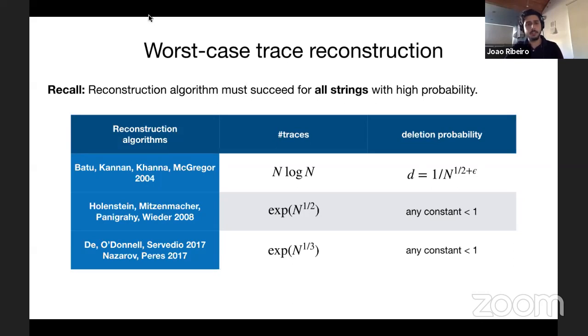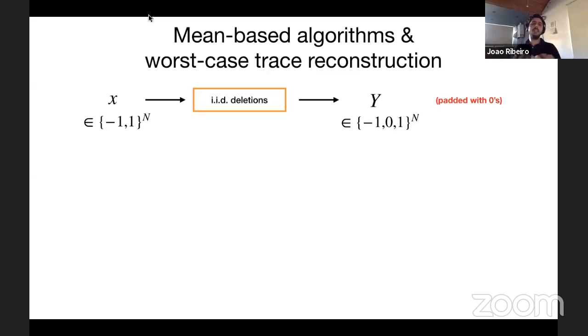So the first thing is really, what is a mean-based algorithm for trace reconstruction? Imagine that you have the usual setting for the deletion channel. You have some input x, where just for clarity, we're going to be looking at x over -1 and 1 instead of 0 and 1.